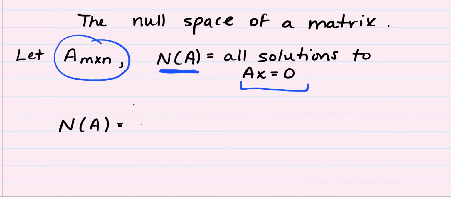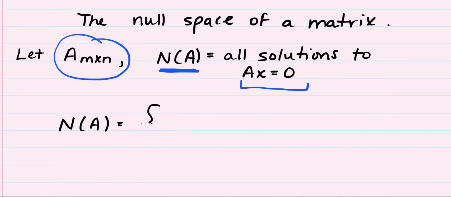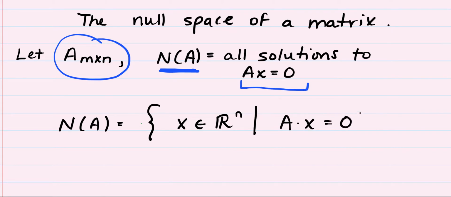Let me write this in set notation. The null space is the set of all x in Rn such that A times x is equal to 0.